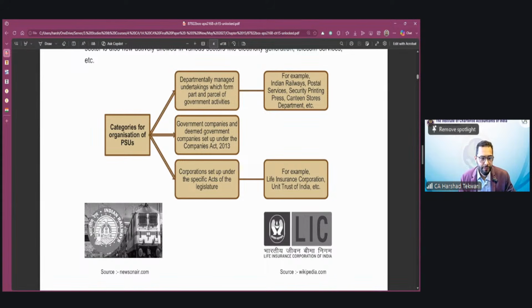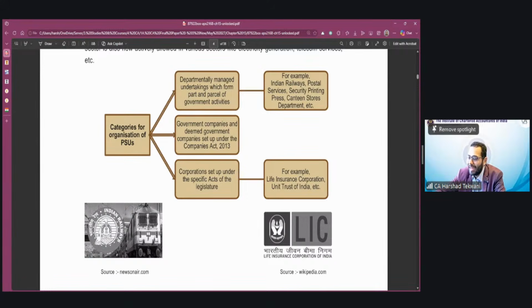Okay, if no doubt, let's understand something more. Now, when I talk about public sector undertakings, we are talking about audit of these public sector undertakings. Now, if I talk about audit of these public sector undertakings, then what is the provision, from where does the provision of the audit come? See, for government companies, we know sections 139, 140, 141 till 143, all those things are over there.